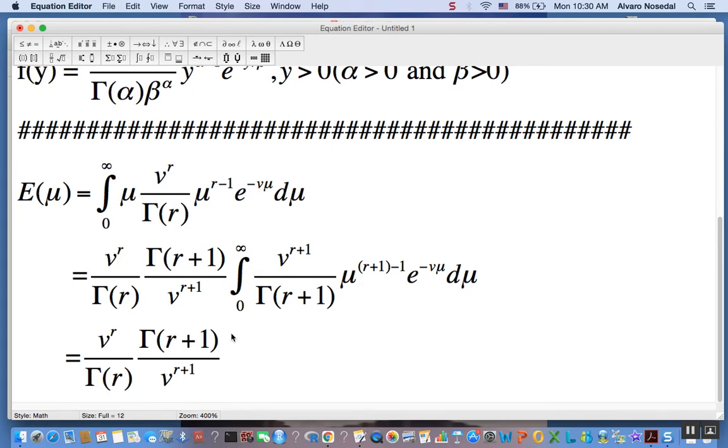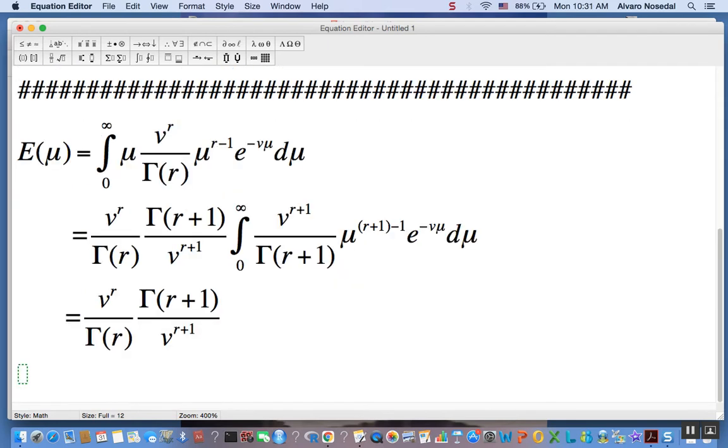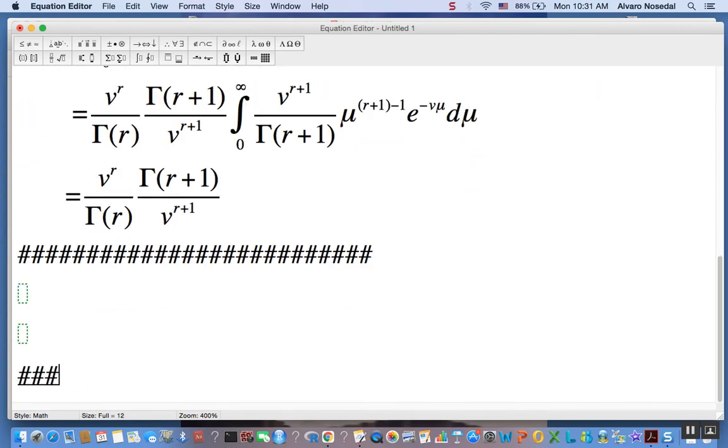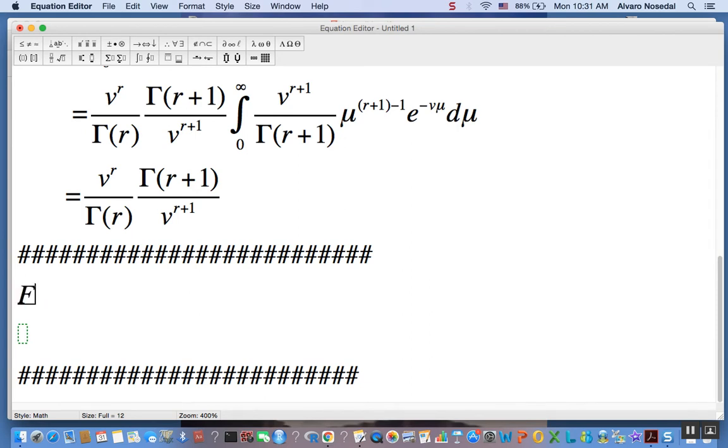But in order to simplify this, we are going to use another property that we should remember from STA360. Let me just write that down, and then you can check that later from your notes. The proof is easy.